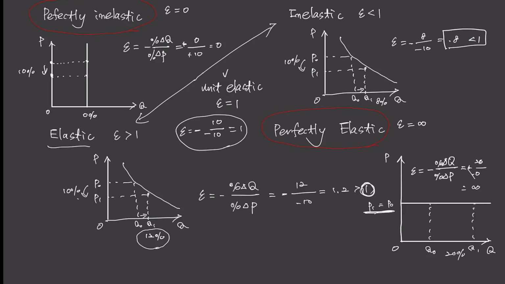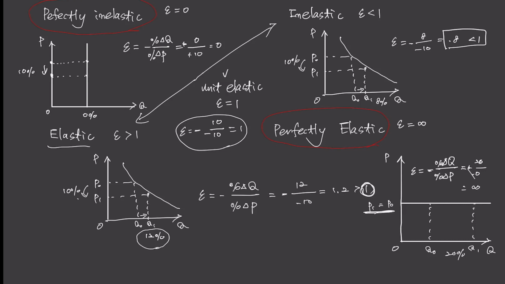That negative cancels out the negative in the denominator, so we come up with a positive maximum value, an infinite value. That is why we call this situation perfectly elastic. So the perfectly elastic case is a horizontal line, and perfectly inelastic demand looks like a perfectly vertical line.